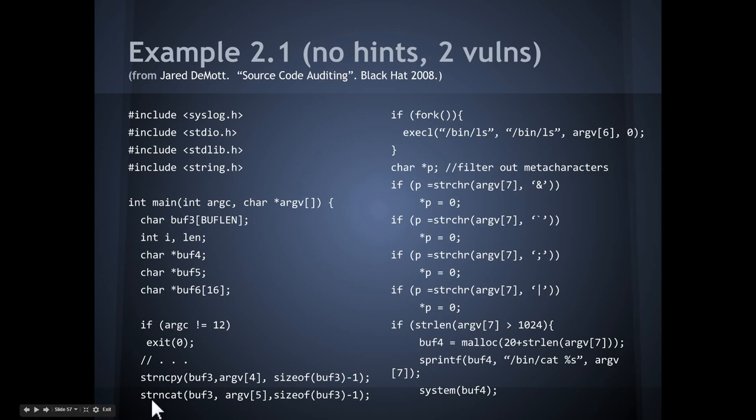The first vulnerability is this second strcat, as they're both writing to buff3, and obviously strcat looks for the first null terminator, and if these are both sufficiently large, this will write more characters than there are in buff3 into that address space, corrupting adjacent memory.